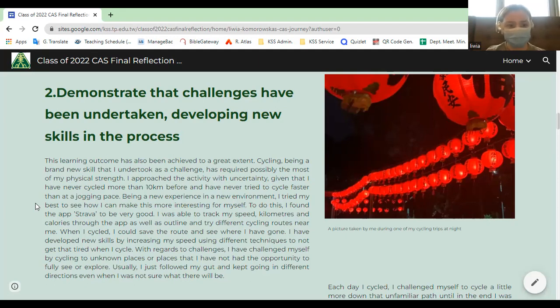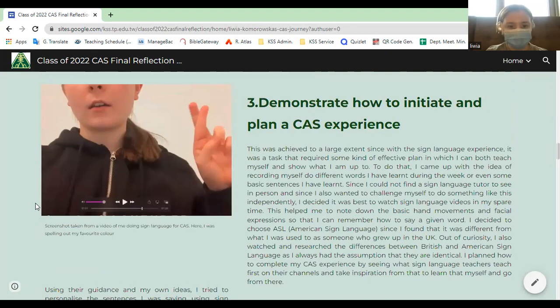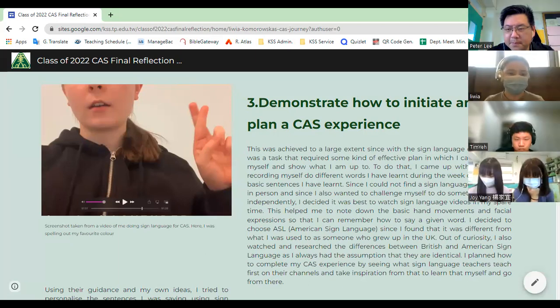And then for the third learning outcome, this was how to initiate and plan a CAS experience. This applies to all of the experiences, since you still have to have a solid plan for how to initiate and plan a CAS experience. But for this one, a lot of planning went into it because this was sign language. So I had to organize and structure my own ideas: what to learn this week, what to record myself doing this week, and how to show my evidence.